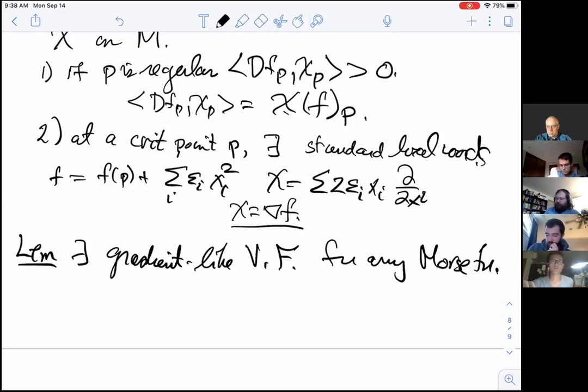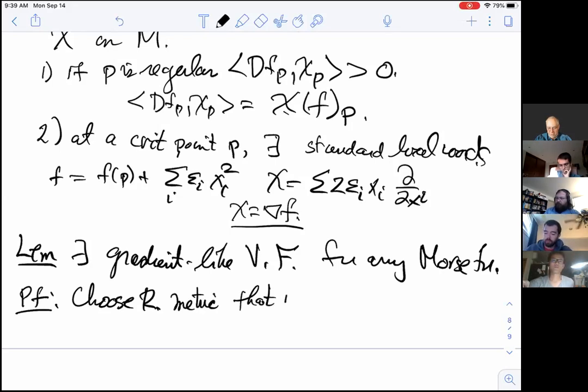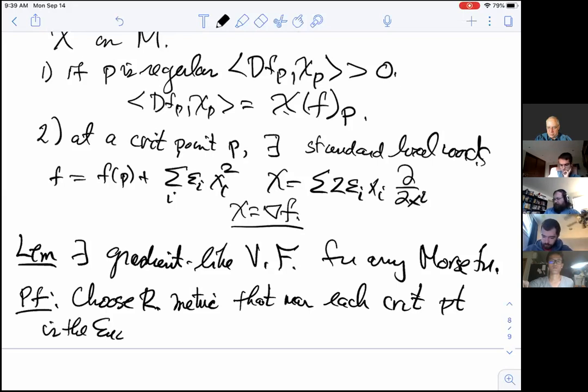Okay. Well, proof. There are many proofs, but let's do this one. Choose a Riemannian metric that near each critical point is the Euclidean metric in a standard coordinate system.